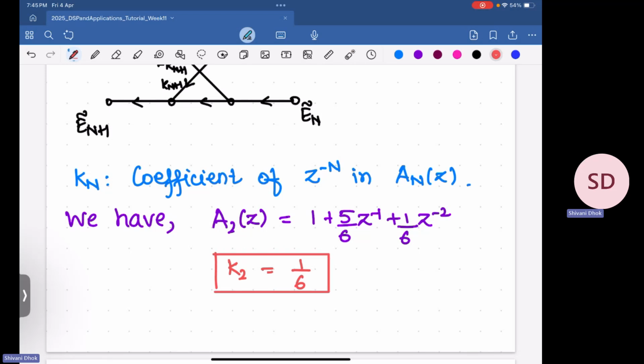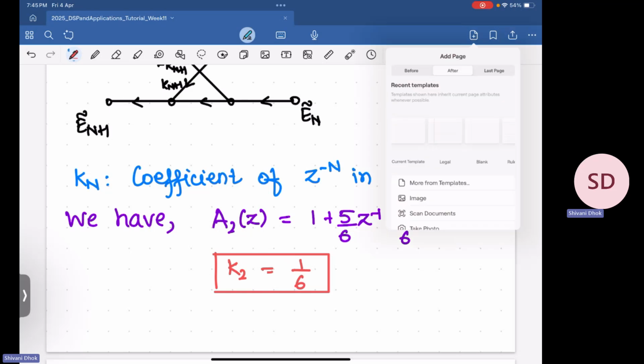So K2 we have. Now after getting K2, what we need to do is figure out the next stage, which is for A1.